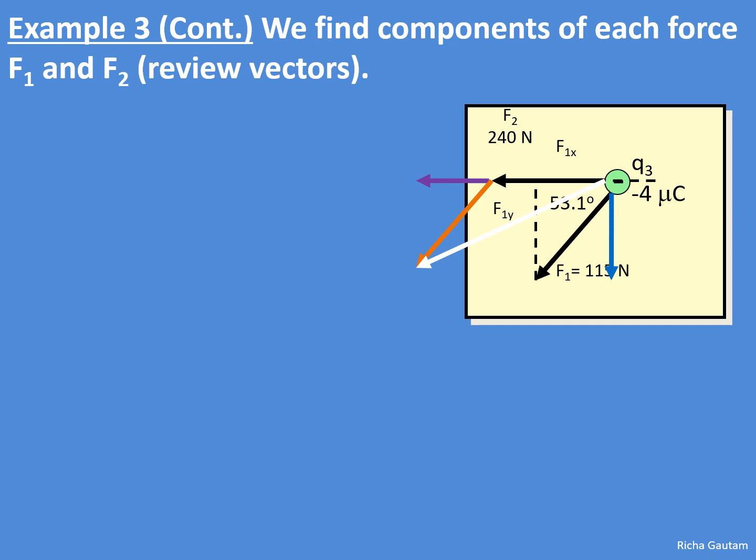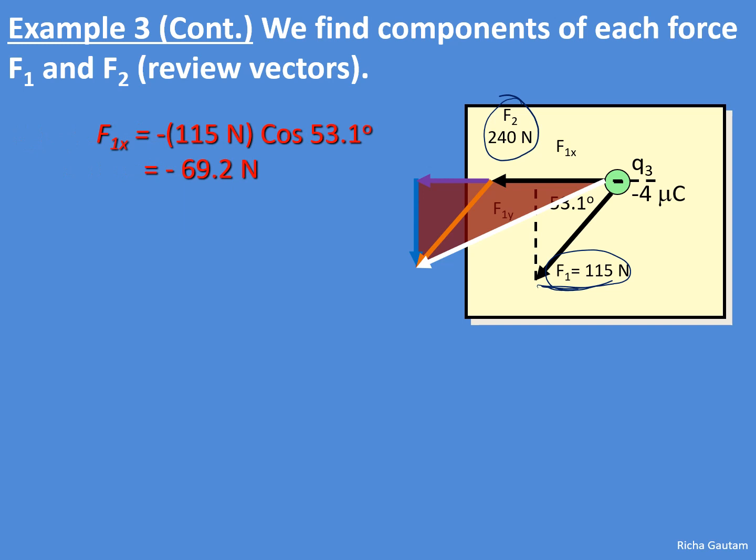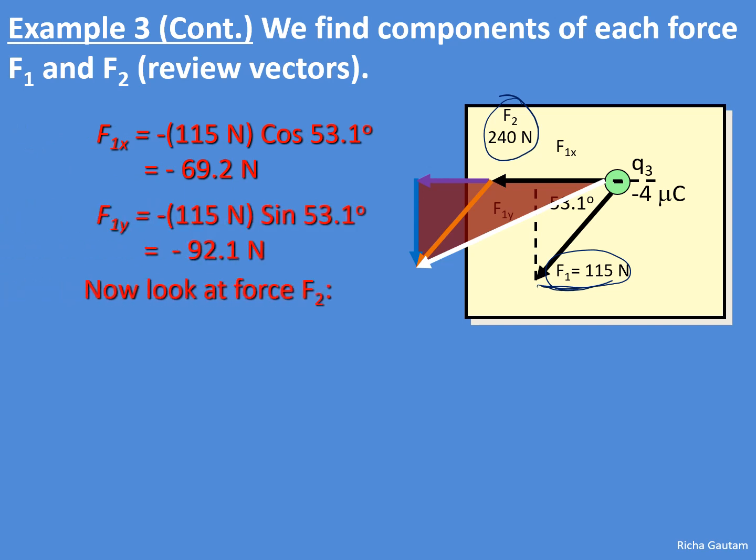F1 is this one and F2 is 240. To find the total resultant, they have split the vectors into components.